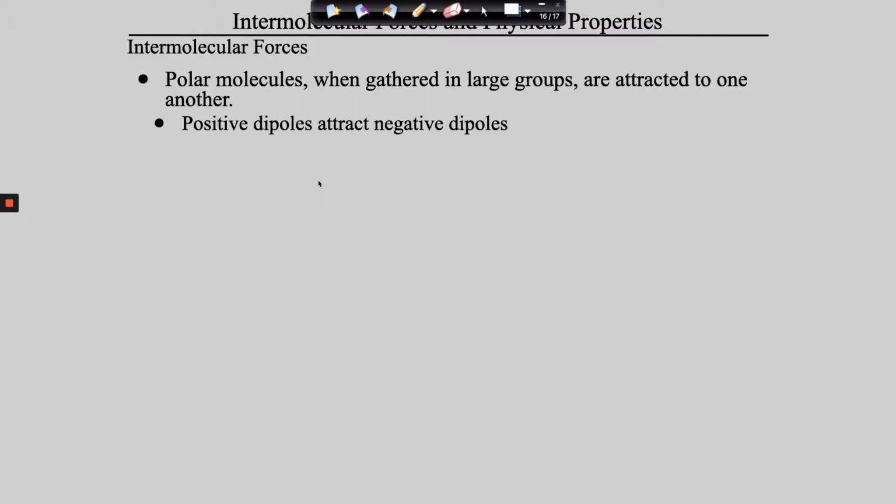Those forces of sticking together we call intermolecular forces, or IMFs. Now, guys, understand inter means between. So these are forces of attraction between molecules. We're just getting started and we're almost done.